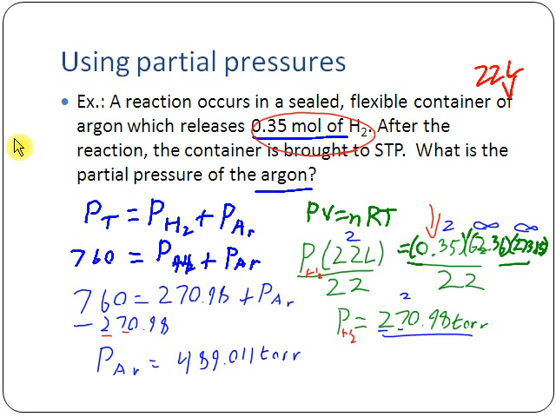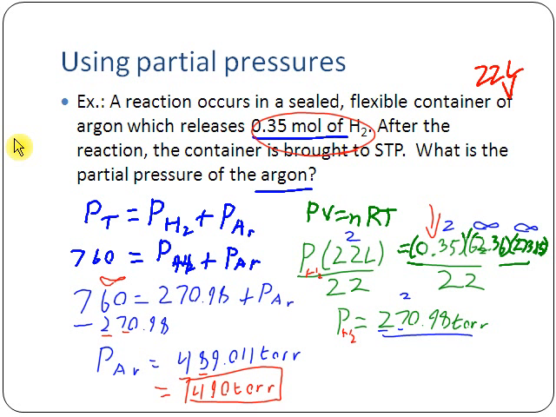The 760 is from STP, so it's infinite. That means our final answer should be rounded to the tens place, and so these two digits are significant. So our actual final partial pressure of the argon would be 490 torr. And that's going to be our final answer. So 490 torr would be the partial pressure of the argon in the container.